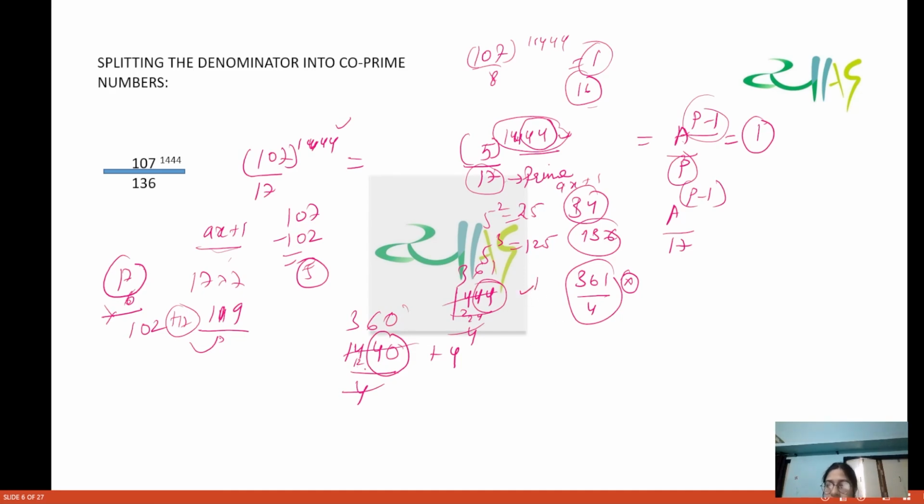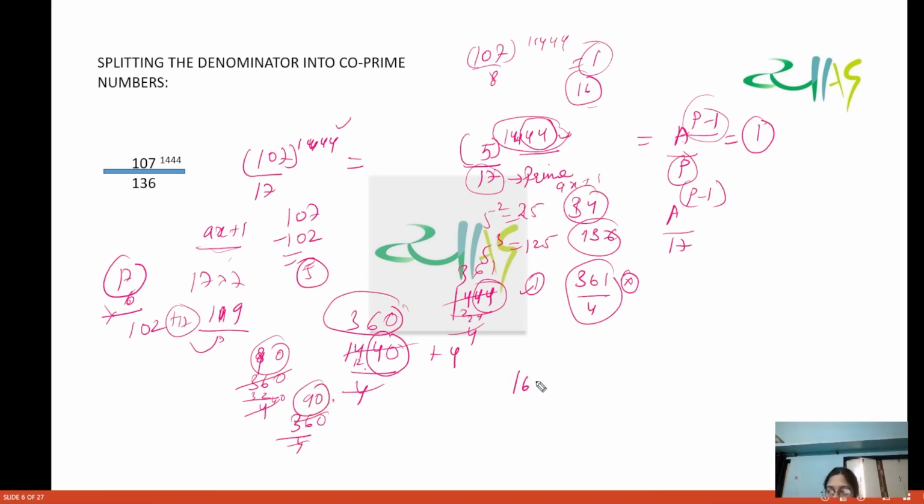Once we divided this by 4, we get 360. Now divide this by 4 and see. 4 nines are 36, please pardon me. So this is coming to be 90.